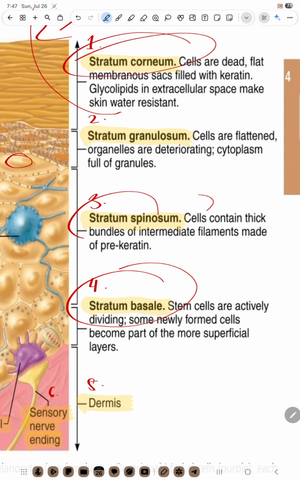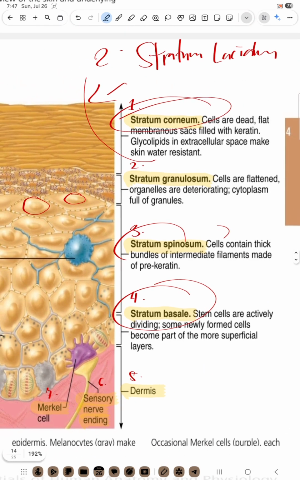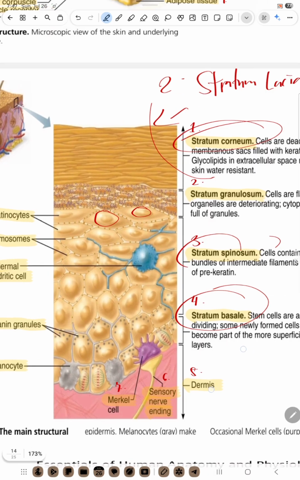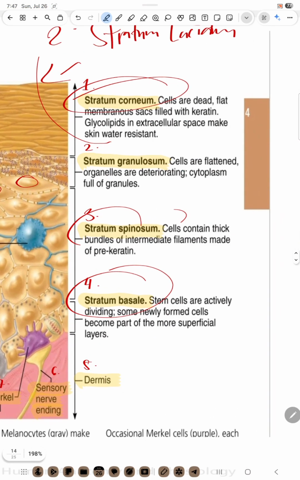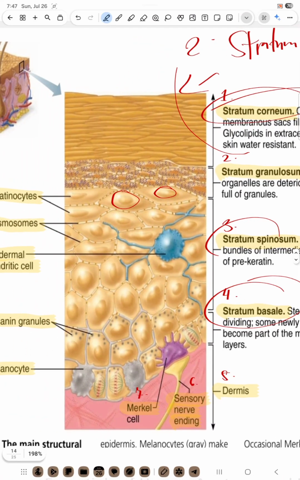The stratum basale is where new cells are made. The cells divide here, so mitosis mostly happens here, as you can see.